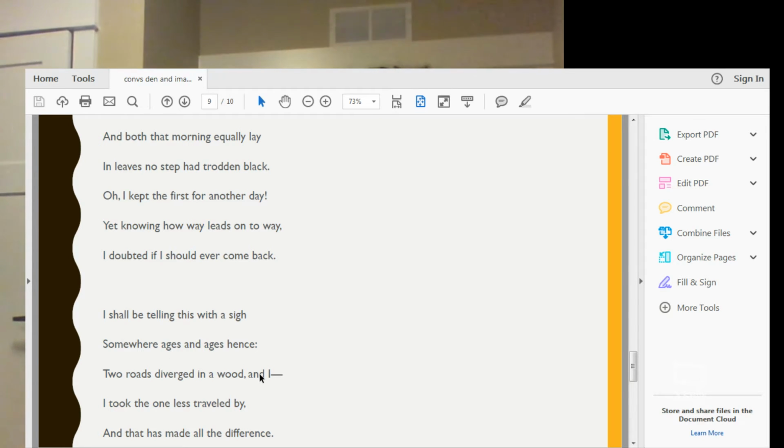And he's saying in this tale with a sigh, two roads diverged in a wood, and I took the one less traveled by. So he has taken the road that no one else has taken, and that has made all the difference. Okay, I know that when you guys are thinking, you're like, okay, great, it's talking about a wood, there's bushes, it's grassy, now what?